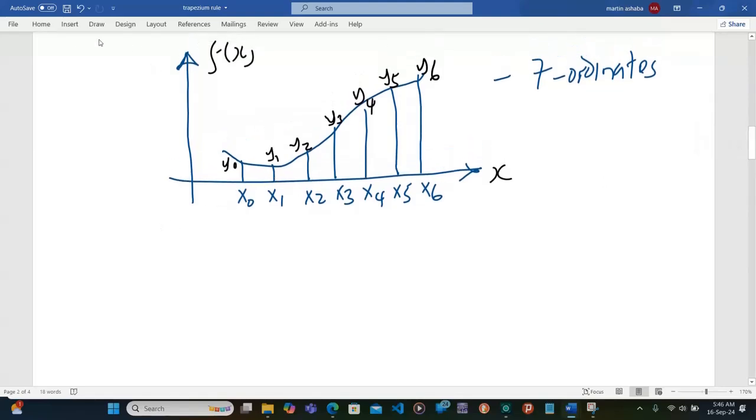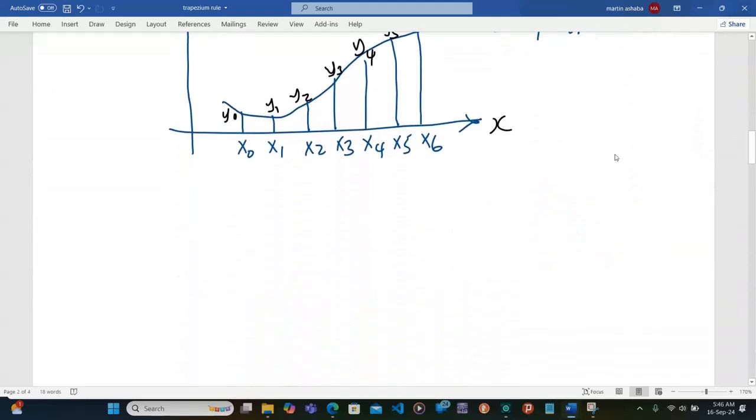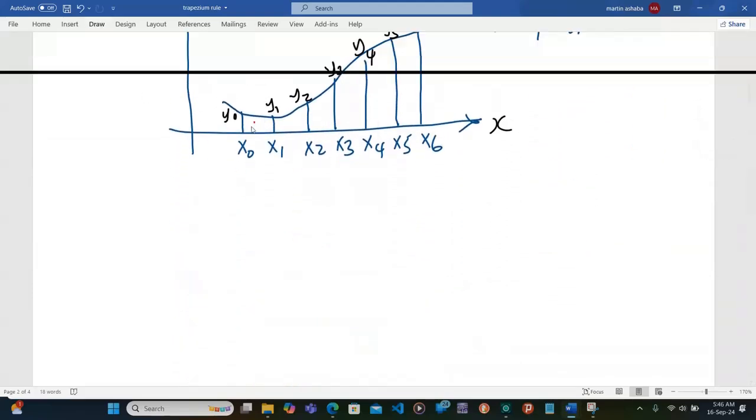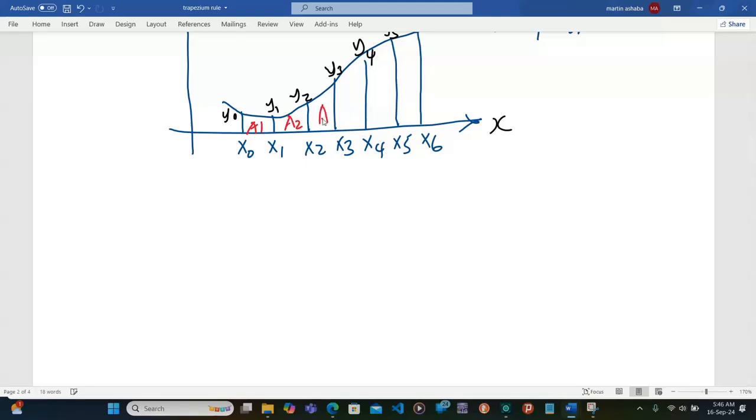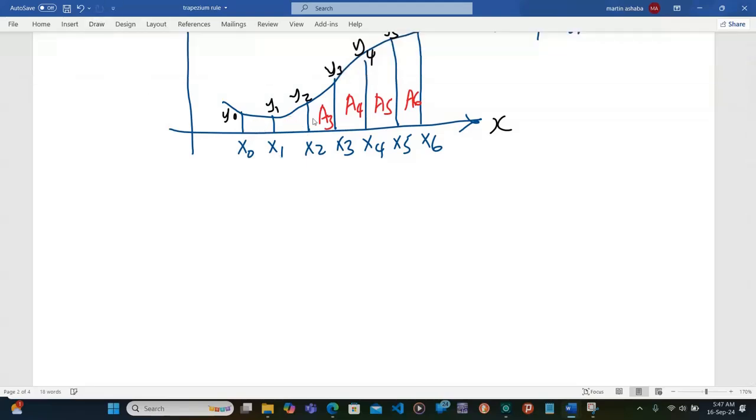So applying the concept of the area of a trapezium, I will have area A1, area A2, A3, A4, A5, and A6. Maybe I can just say this is area A naught; let me leave it for consistency purposes. So A naught, A1, A2, A3, A4, that is A5.